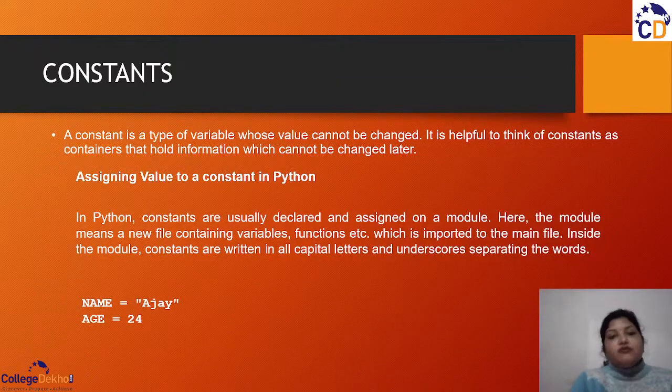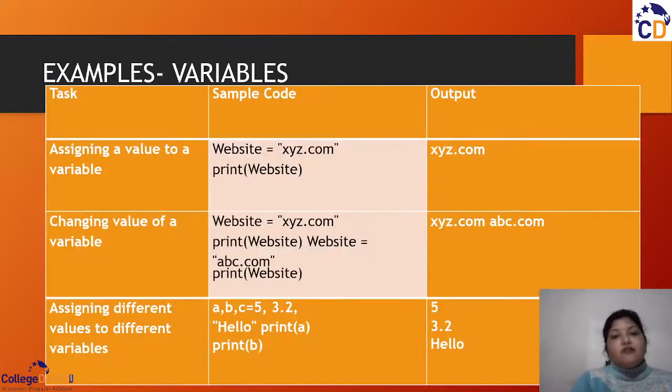The last topic which we have covered is constants. Constants are again a type of variable whose value cannot be changed. When we defined the variables, I showed you in the second example that we changed the value of the variable.